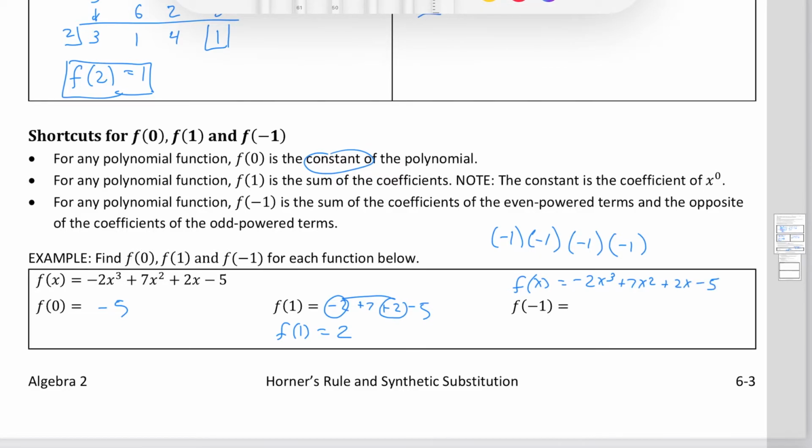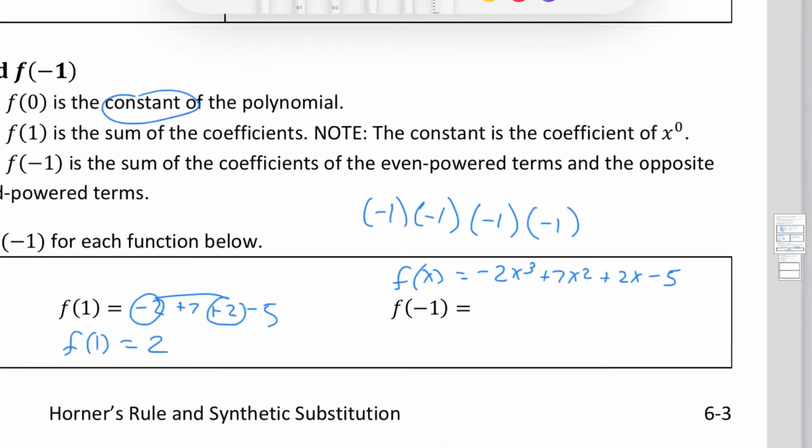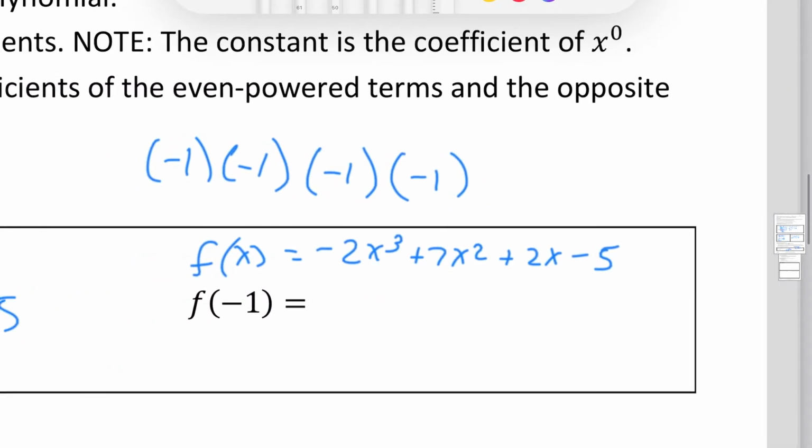For every odd power, and be sure that you understand that the linear term 2x is considered an odd power, negative 1 to an odd power would equal negative 1. And when you multiply by negative 1, it switches the signs. So to evaluate your function at negative 1 quickly, you simply take all the odd powers and you switch the sign of the coefficient.